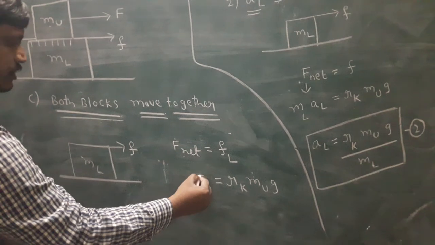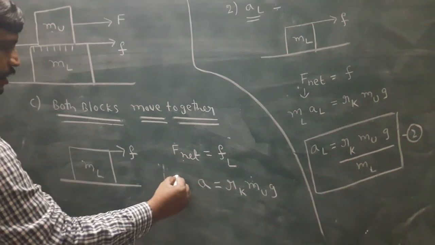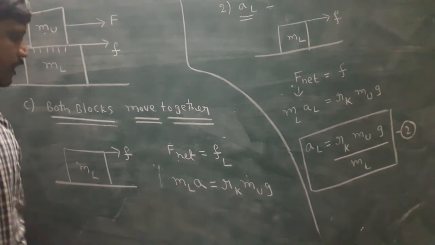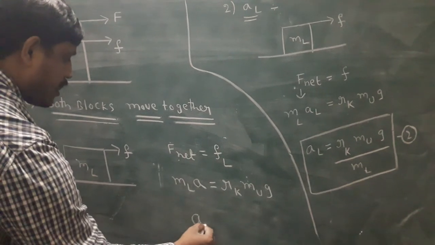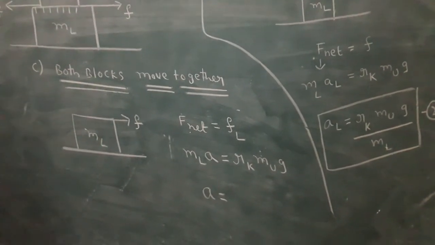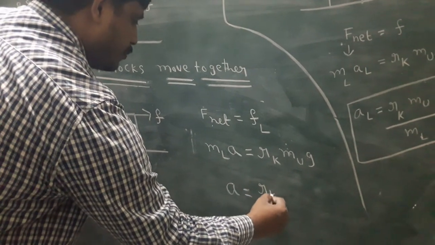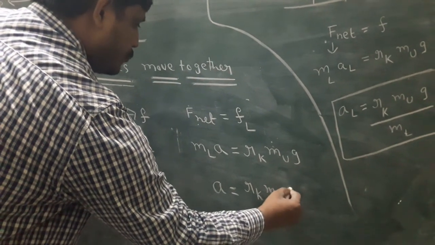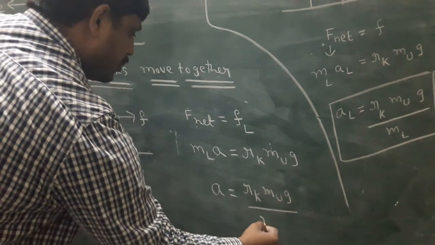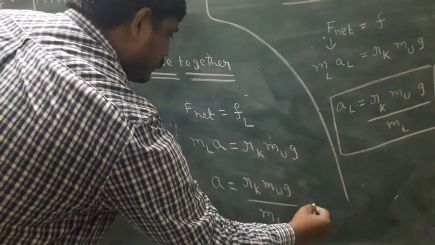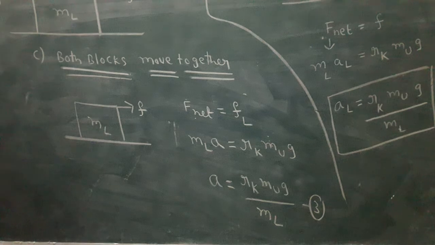Lower block means common acceleration A, mass of the lower block. What is the acceleration of the two blocks moving together? Mu k, mu, g by ml. Equation number 3. Write it down.